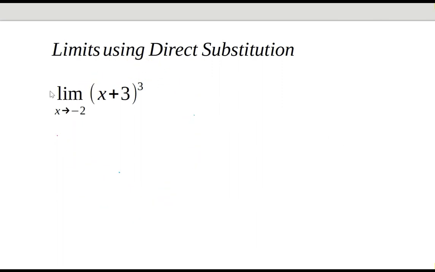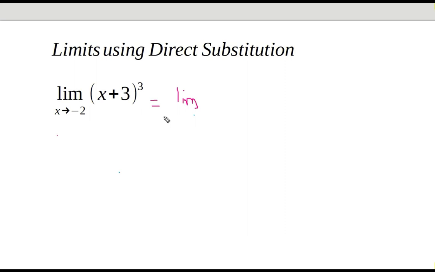Let's see here, if you have the limit x approaching -2, and then we have this function. The first thing I've always talked about is to try direct substitution. Actually here, direct substitution will solve it, because if we plug in the -2 here, we wouldn't get an undefined result. So we go on and do it.